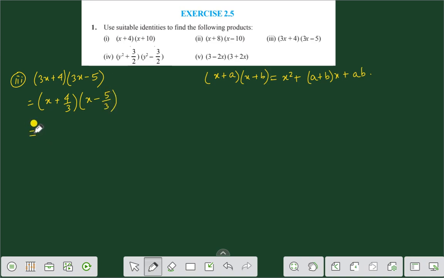Using this identity, we are getting x square plus (a + b), that is 4 by 3 minus 5 by 3, x plus 4 by 3 into minus 5 by 3.